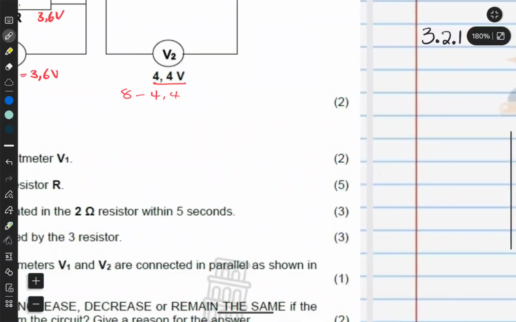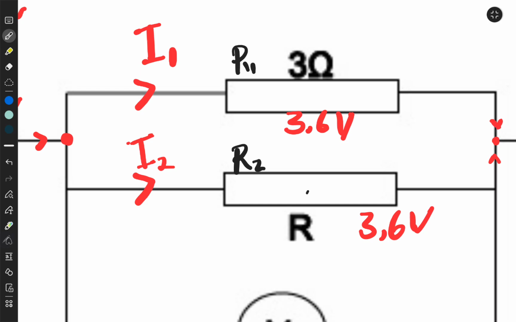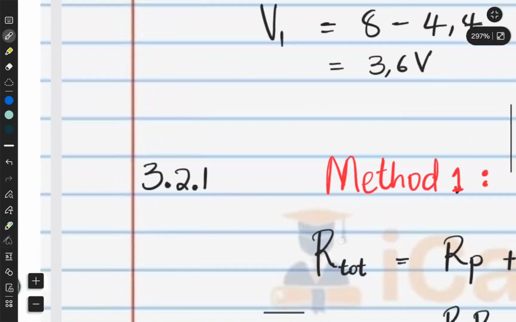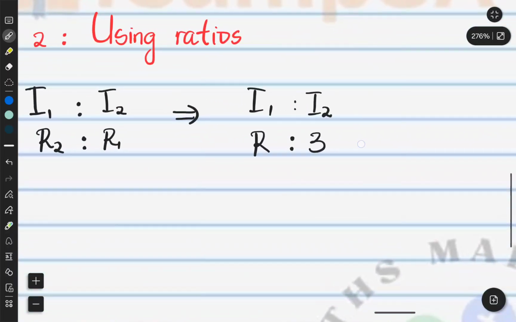So remember, come here again. This is R1, corresponding to I1, right? And this is R2, corresponding to I2, okay? R1, R2, that's it. So the ratio method says we can do it like that. You flip these things.